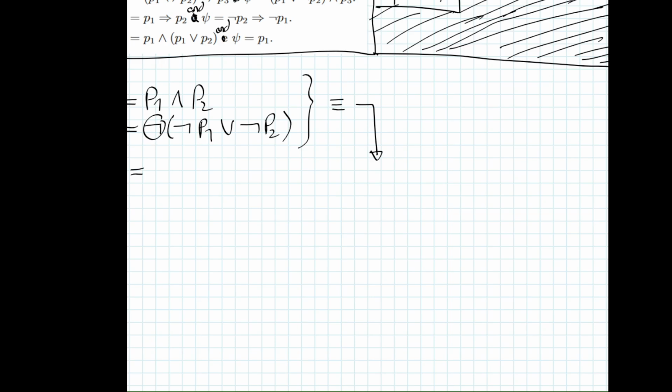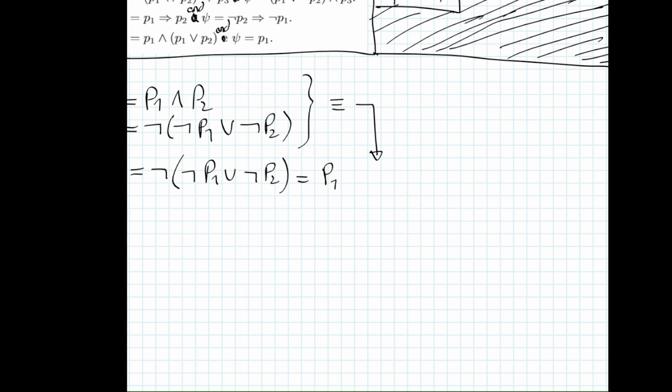By negating the whole thing, we obtain: the negation of the negation equals P1, so no negation anymore.